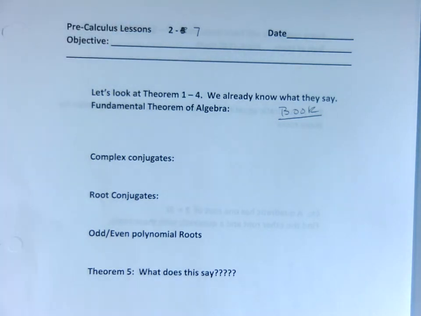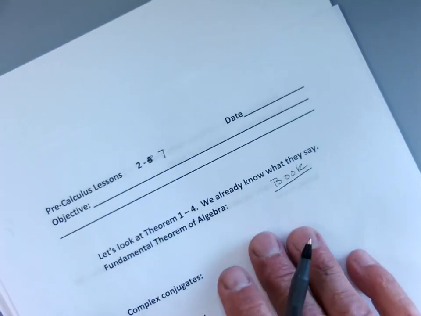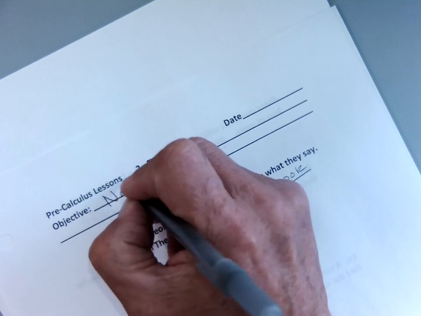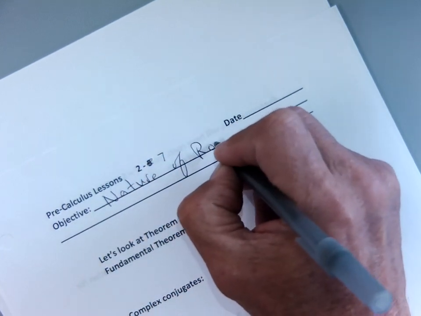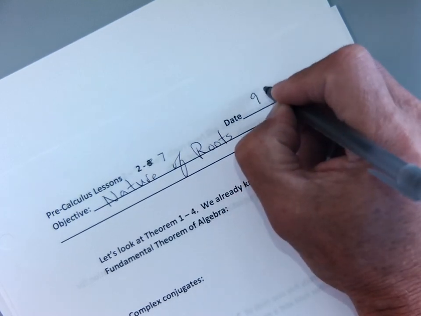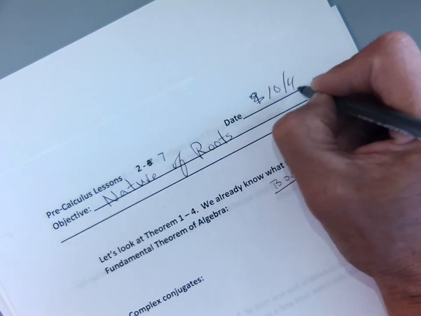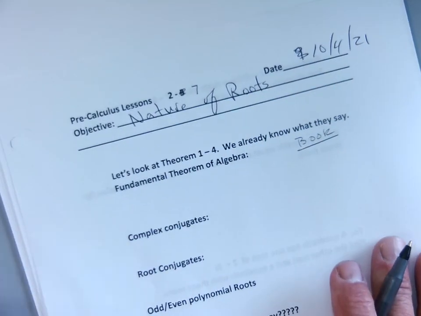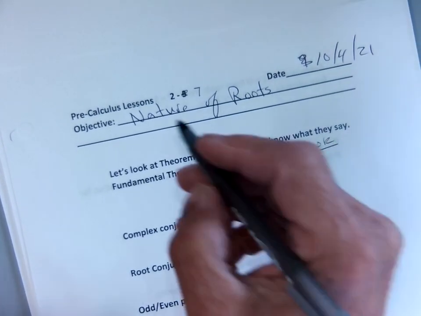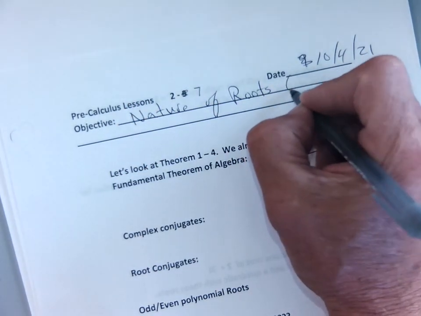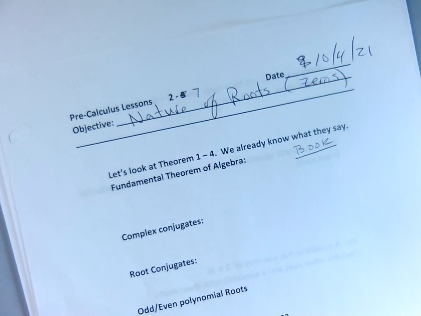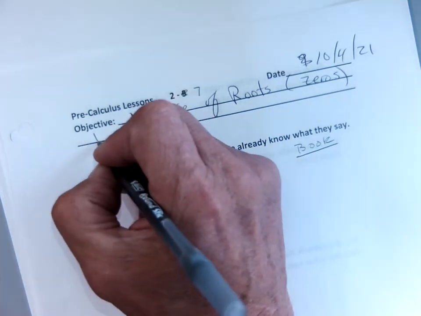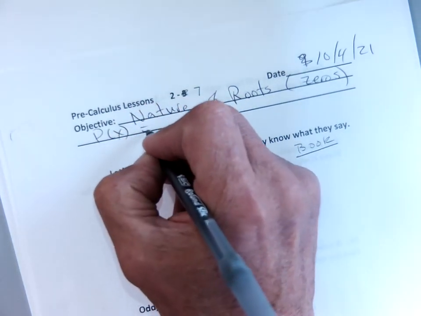Okay, so today we want to talk about what they call the nature of roots. The roots are the same thing as zeros. And we find zeros by p of x equals 0.